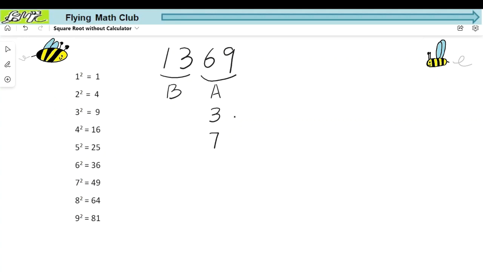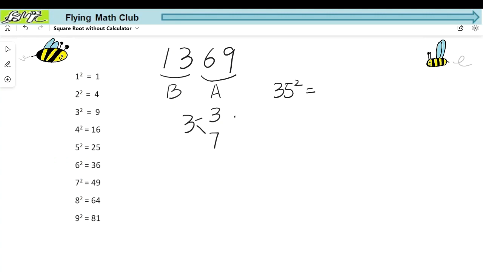It's between 3 squared, 9, and 4 squared, 16. So its tens should be 3. So the possible square root of the target is 33 or 37. We still use the middle value 35 as validation.